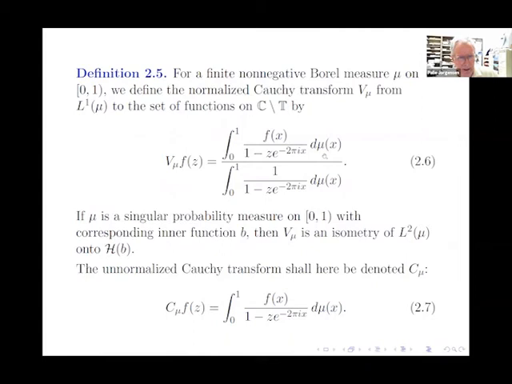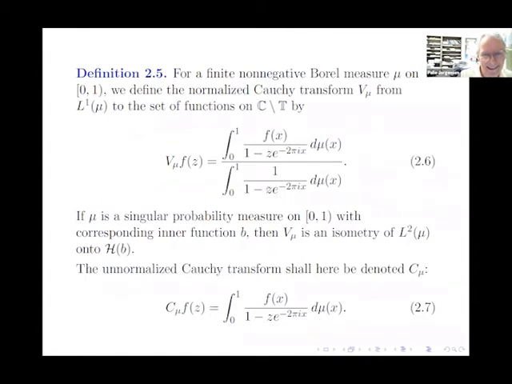But you might have some measures that are not singular, in which case we would have B in the ball of H infinity, but we'll mostly study singular measures, and they would then correspond to inner functions. And so in our work, V plays a much more important role than C. So V is the normalized Cauchy transform.